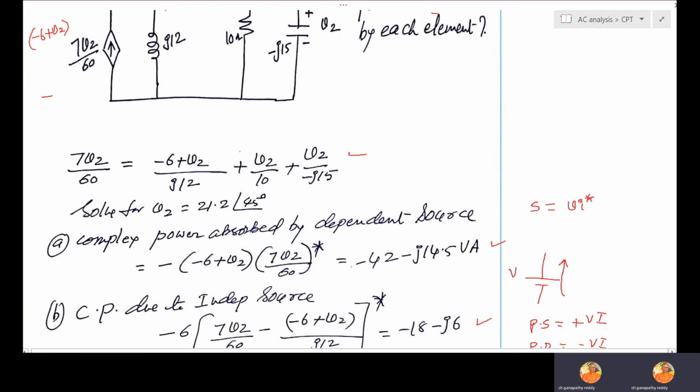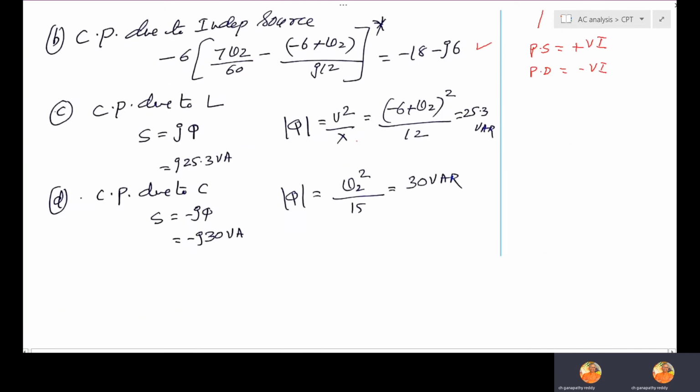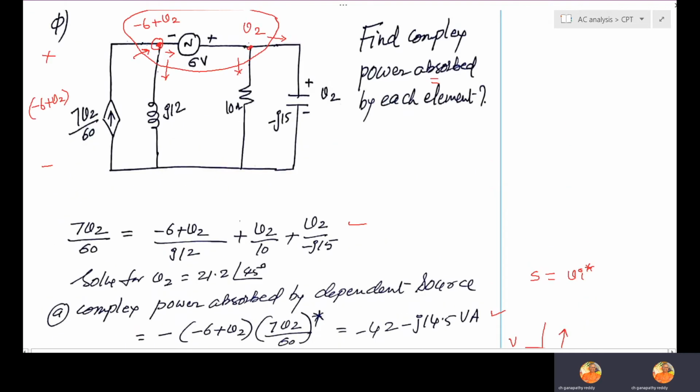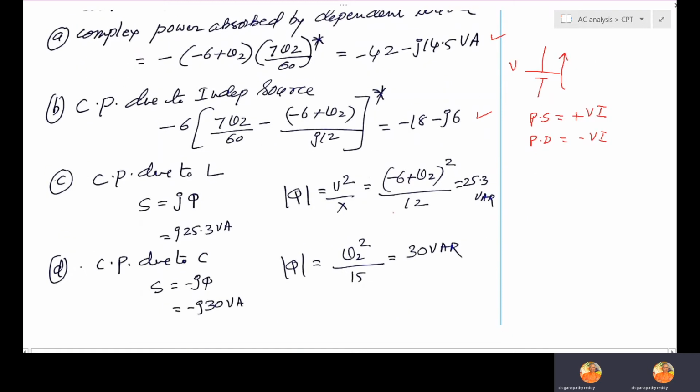V square by X, since voltage is known. Voltage across the inductor is minus 6 plus V2. So (-6 plus V2) square by 12. Here it is the magnitude of Q, so don't take J12, only 12. You get 25.3 volt ampere reactive. But when it is assigned to power, it is J25.3 volt ampere.